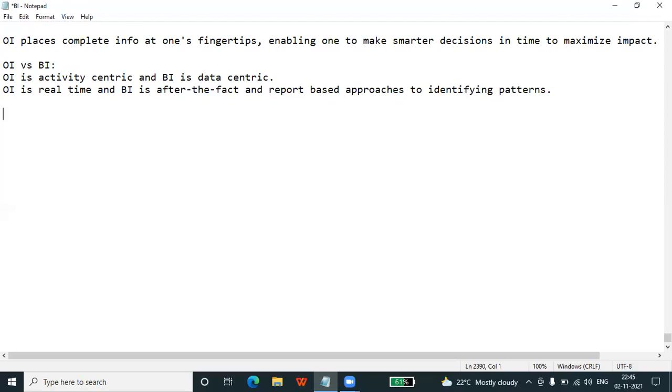Operational intelligence and business intelligence can be complementary. The operational intelligence versus system management.